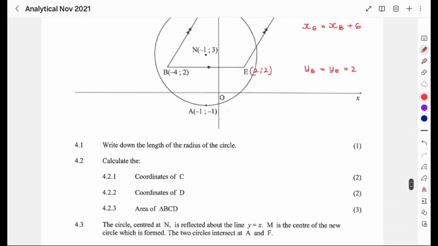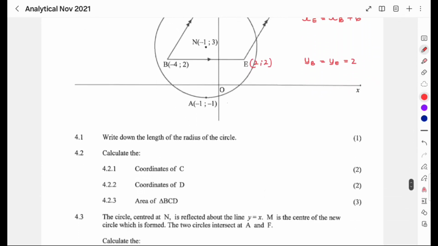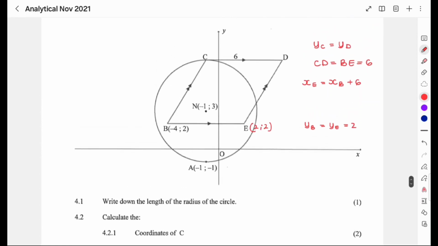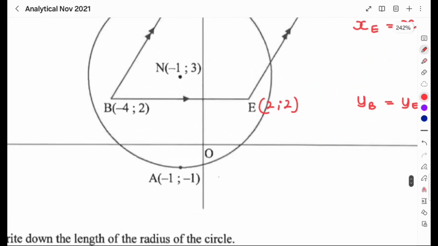So here, question 4.1, write down the length of the radius of the circle. So we need to determine the length of the radius of the circle. Now, something very important to take note of is that the x value of N is equal to the x value of A. So this is a vertical line, meaning that it is parallel to the y-axis.